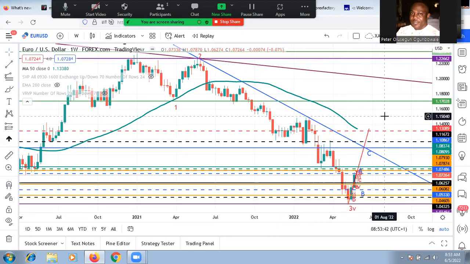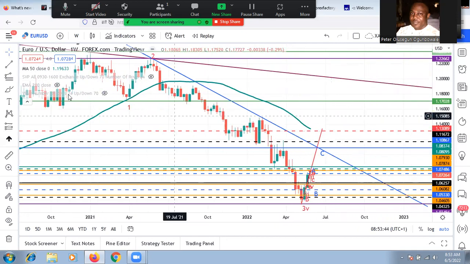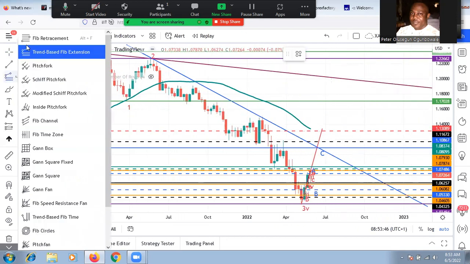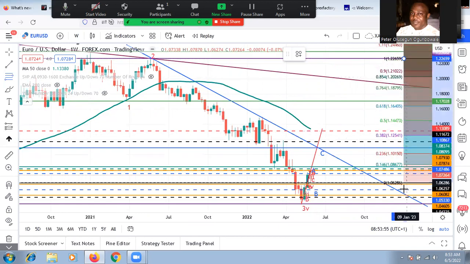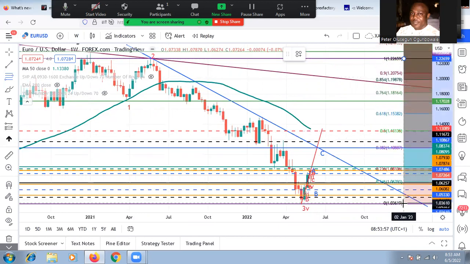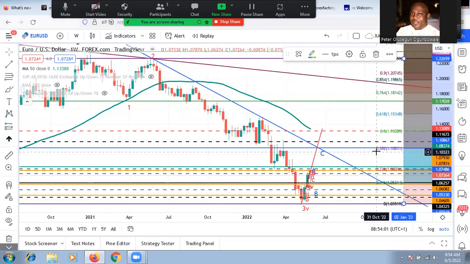So where do we expect the fourth wave to be? So we take our Fibonacci retracement tool from the beginning of 2 to the end of 3-5. We've not done 5 major. So we have told ourselves that now this area, let me make it tick a bit.